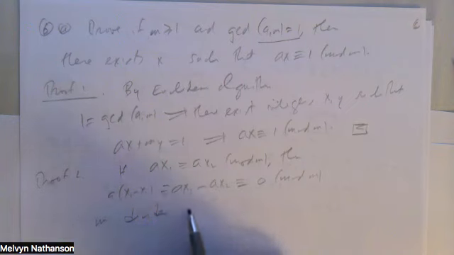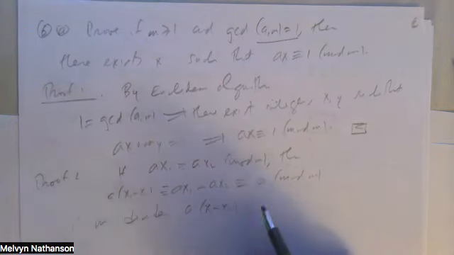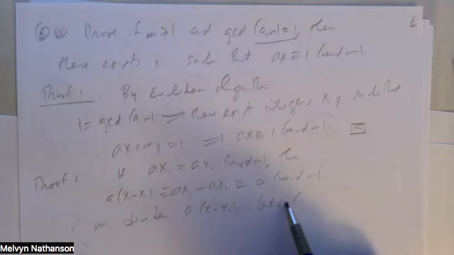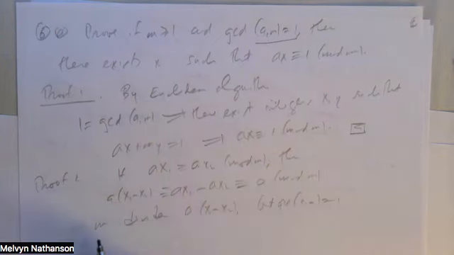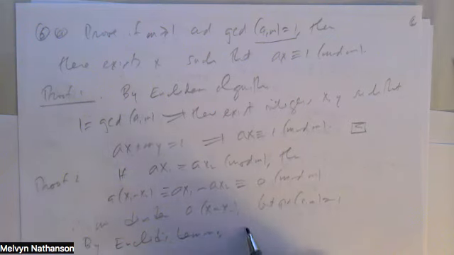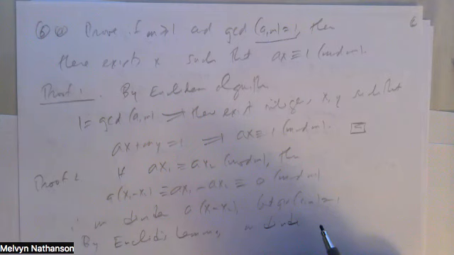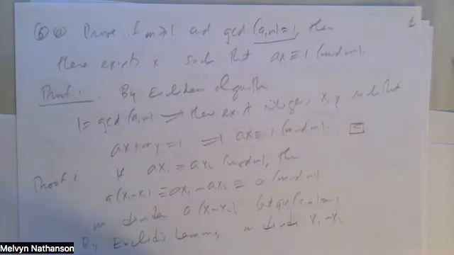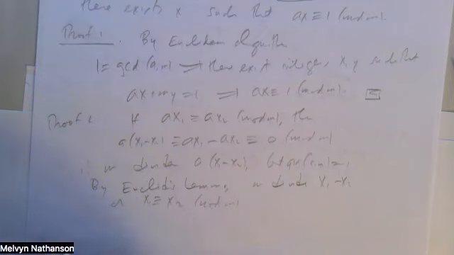So this says m divides a times x1 minus x2, but the GCD of a and m is 1. m and a are relatively prime. So by Euclid's lemma, m has to divide x1 minus x2, or x1 is congruent to x2 mod m. So if ax1 is congruent to ax2 mod m, then x1 is congruent to x2 mod m.